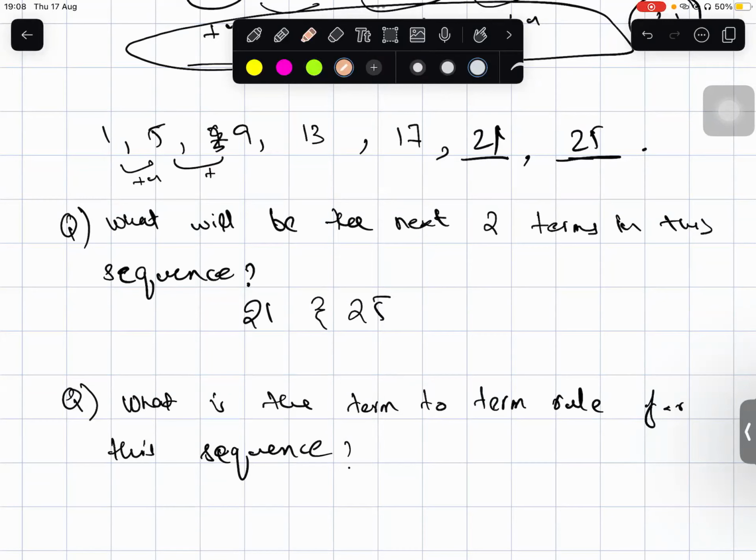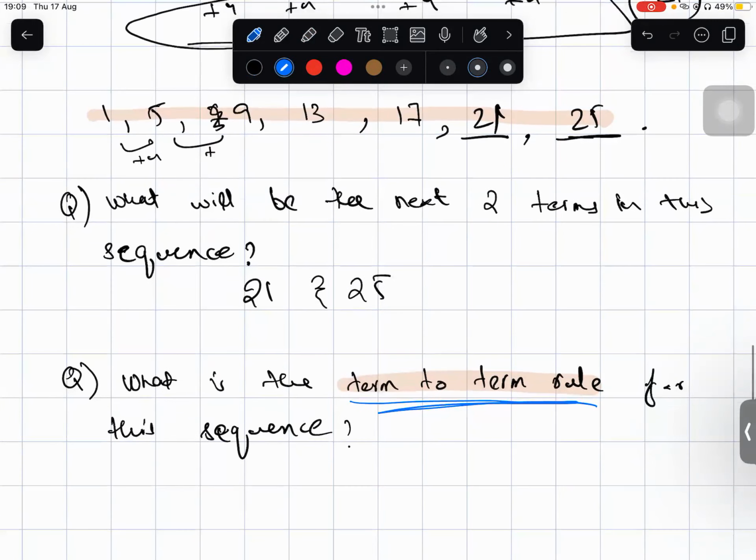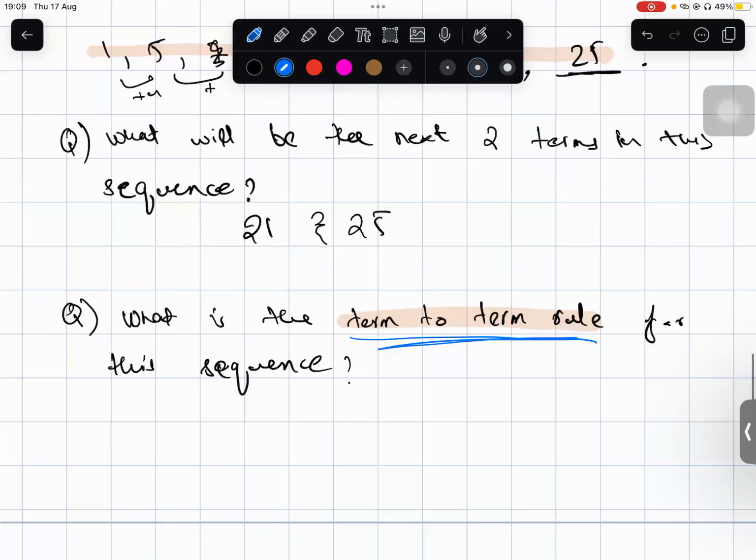Have you heard this before? What is meant by term to term rule? Any idea? No. Okay, so it's very basic. The term to term rule is basically what you're doing to one term to get to the other term. It's very simple.